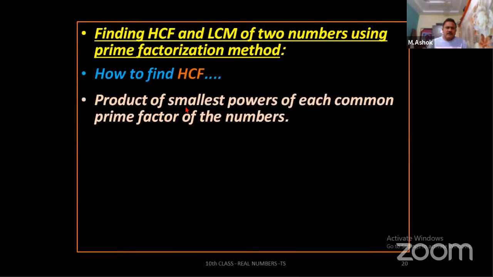The HCF is the product of the smallest powers of each common prime factor of the numbers. So first of all, I have to write the prime factorization of the given 2 or 3 numbers. In that, take the smallest powers of each common prime factor of the numbers. If you do so, you are able to find HCF. We will see a few examples.